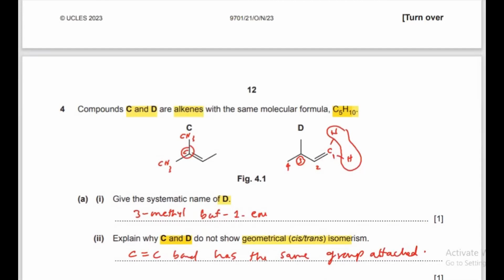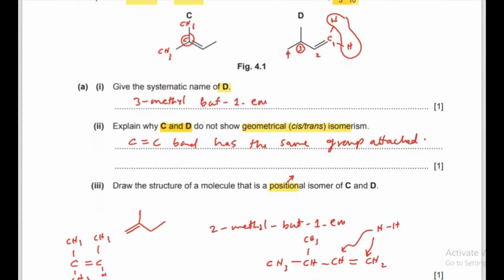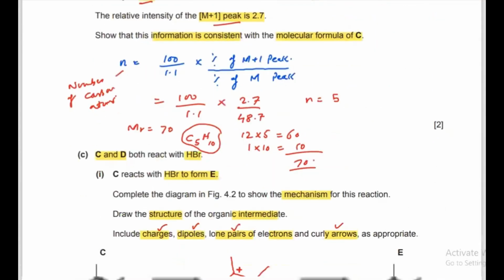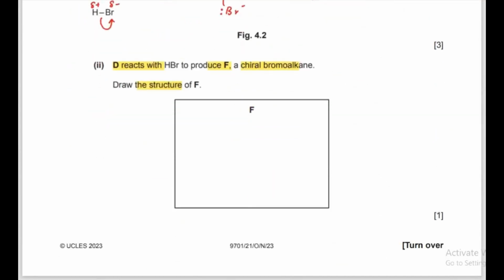Okay, this is D. 3-methylbut-1-ene is D. So if we react it with hydrogen bromide, first of all, we can say that this structure will be like this.